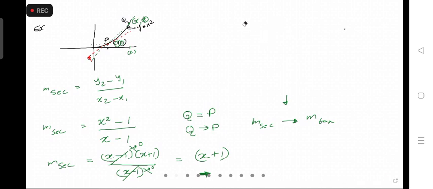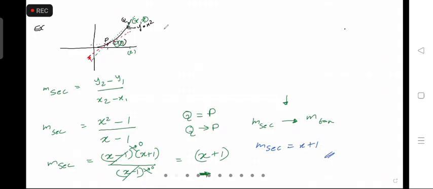Let's take another color. Okay, now you have m secant equal to x plus 1.